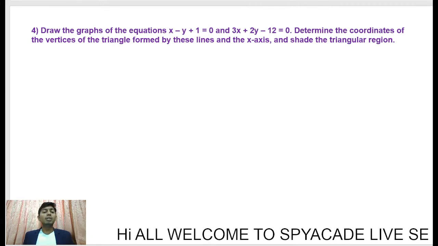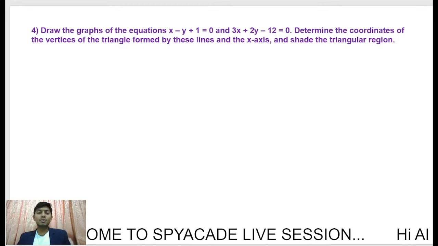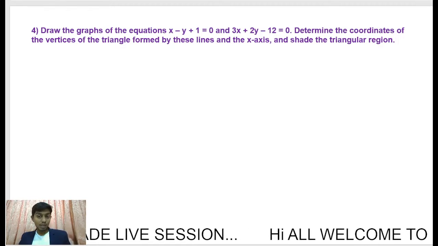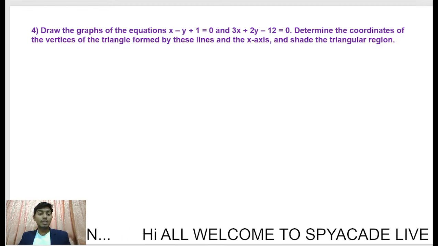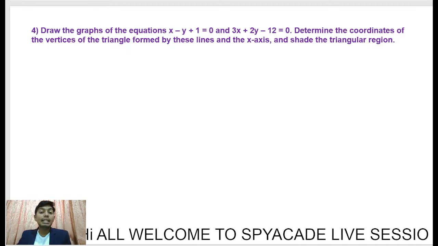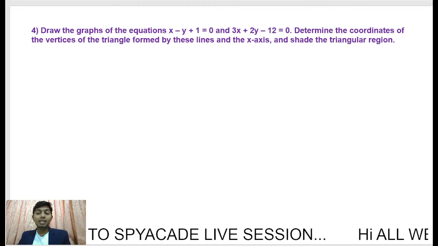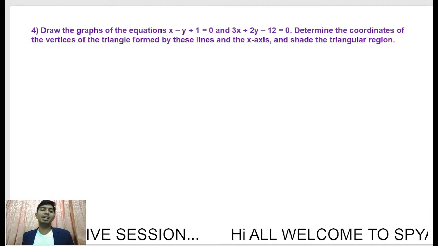The next question: draw the graphs of the equations x minus y plus 1 is equal to 0 and 3x plus 2y minus 12 is equal to 0. Determine the coordinates of the vertices of the triangle formed by these lines and the x-axis, and then shade the triangular region. So they have told very clearly.